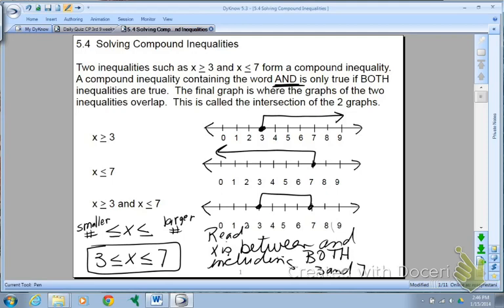It's very important that you say we're including 3 and 7. If there was no equal sign here, we would just say x is between 3 and 7. If there was an equal sign here but not here, we would have to say x is between 3 and 7 and including 3, which we'll do some more examples like that.